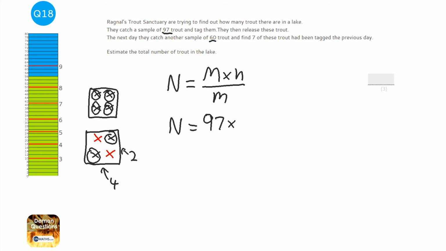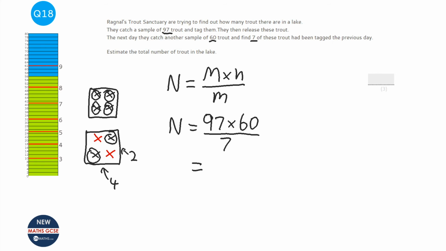That's our recapture sample, the sample we took a few days later or the next day. And we're going to divide that by the amount of those 60 that were tagged or marked, which is 7. And so all you need to do is type that into a calculator, which I've got handy. So it's 97 times 60 and then over 7.